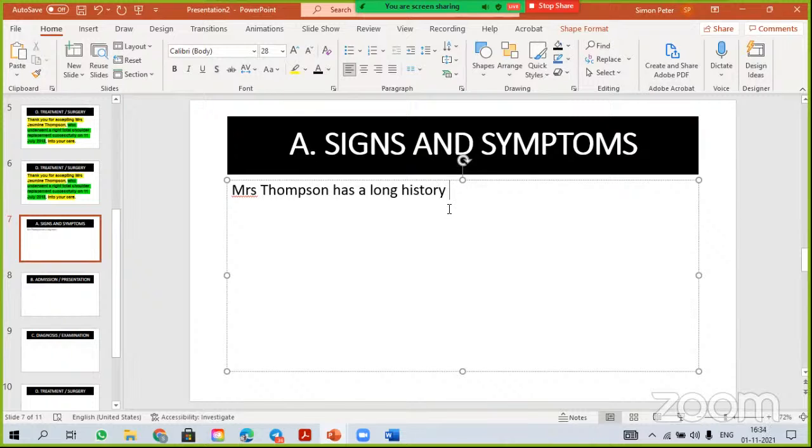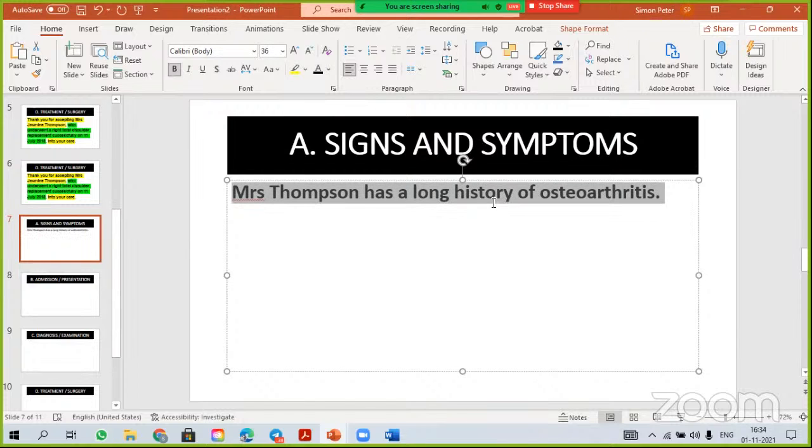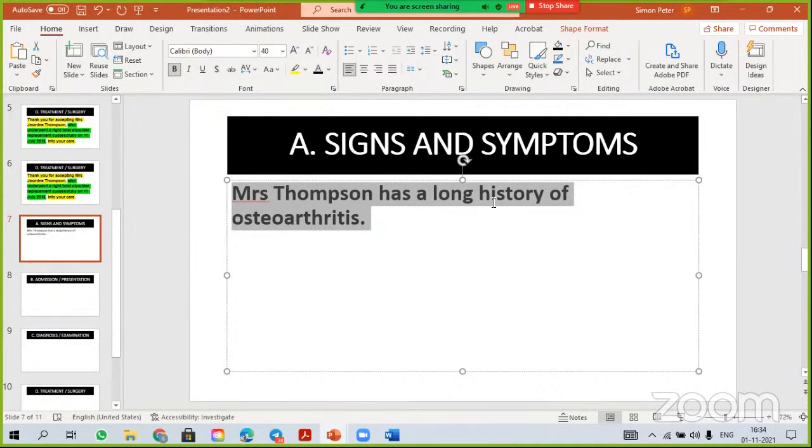So you cannot say had. So she has a long history of osteoarthritis. Mrs. Thompson has a long history of arthritis.